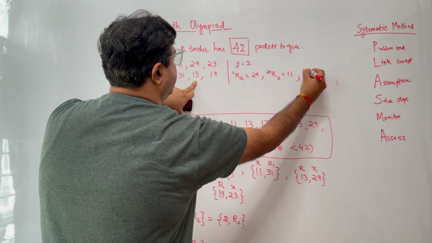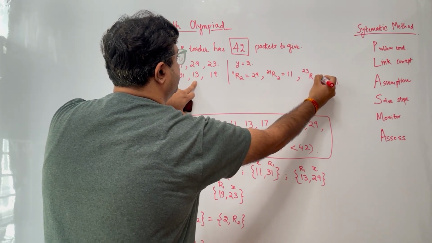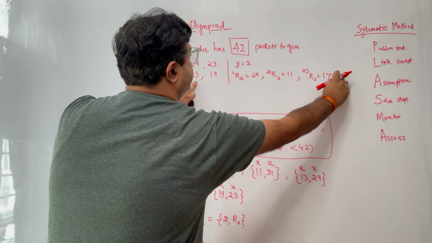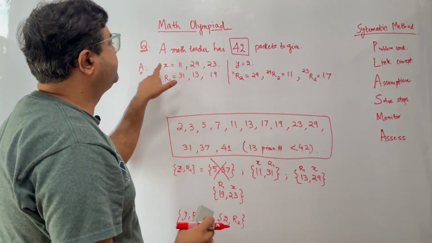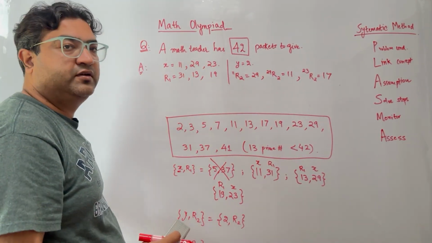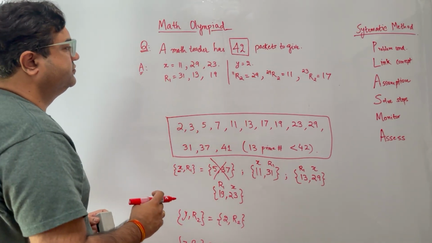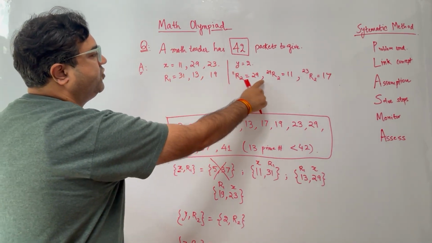And when x is 23, then R2 is equal to 19 minus 2 is 17. So we got 3 values of R2 corresponding to 3 values of x. Okay. Now we have x, now we have y, and we have all the R2s.